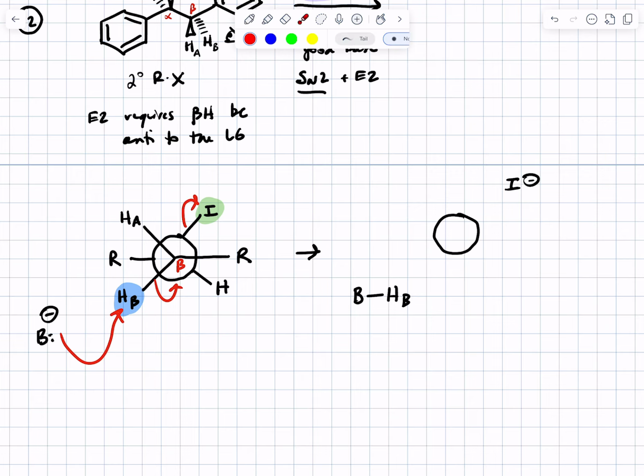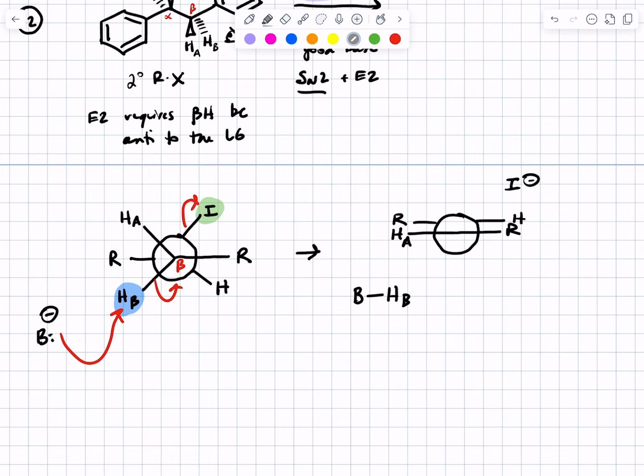In the product, there's going to be a pi bond between the beta carbon and the alpha carbon. So that means that the beta carbon is going to be rehybridized to be sp2. And as we look at it from the side, this is what we're going to see. And then the alpha carbon in the back will also be rehybridized to be sp2. And this is what we're going to see.